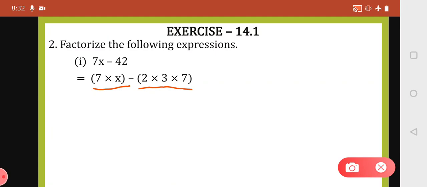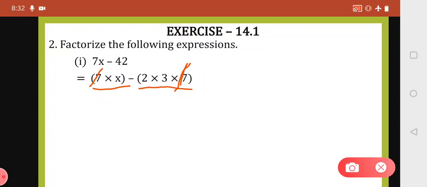Now we can see that 7 is present in both. In the first term 7 is there, and in the second term also 7 is there. Only one thing is the same in both, so we take that out as common. Nothing else remains the same, so let it be as it is.